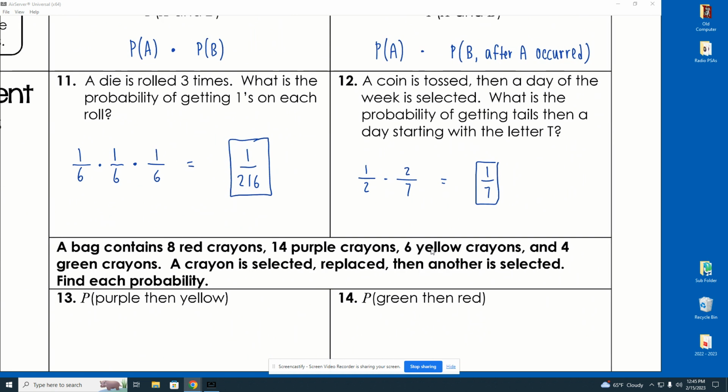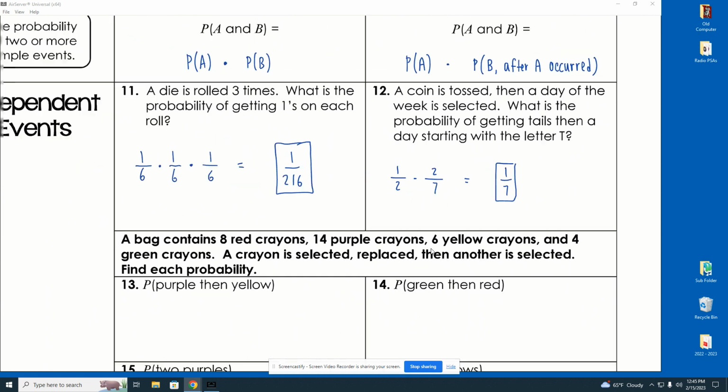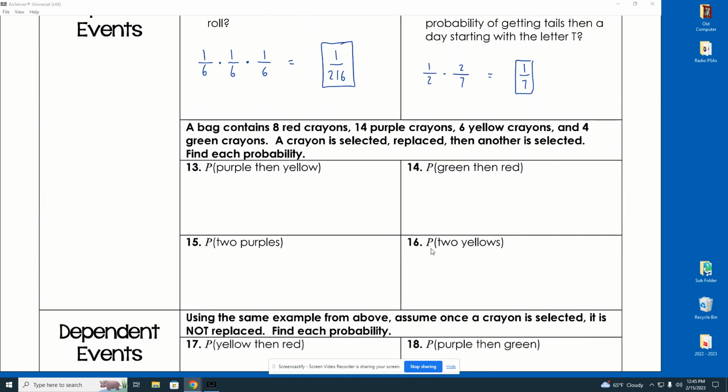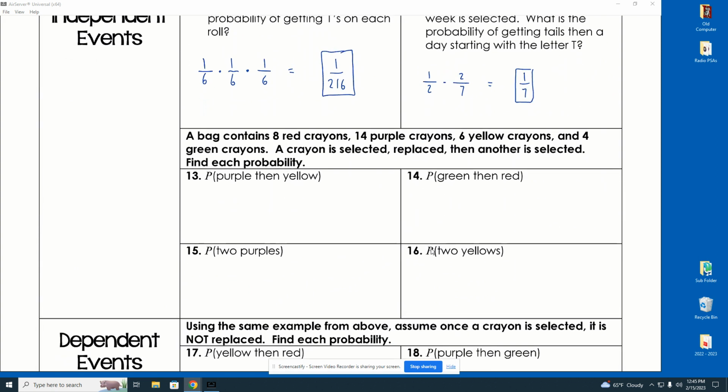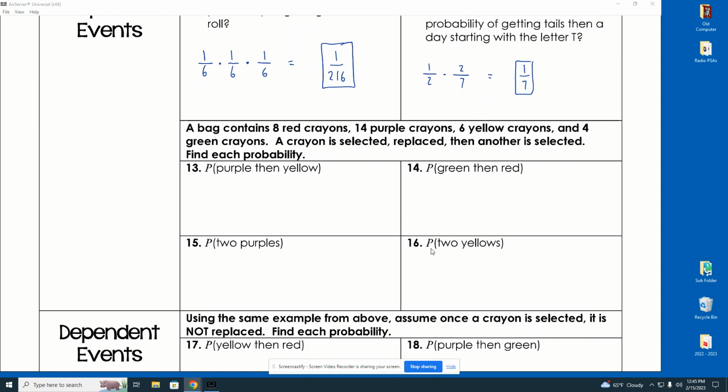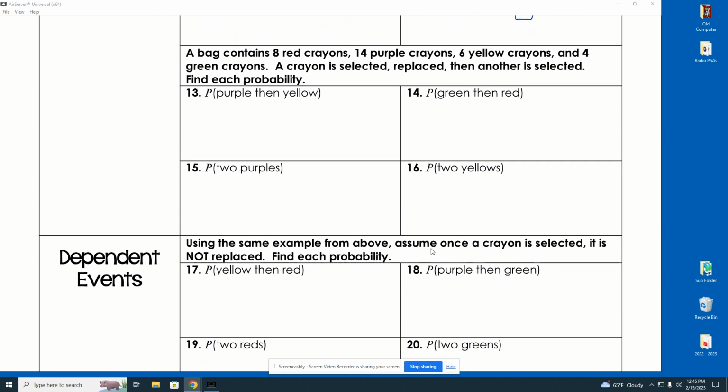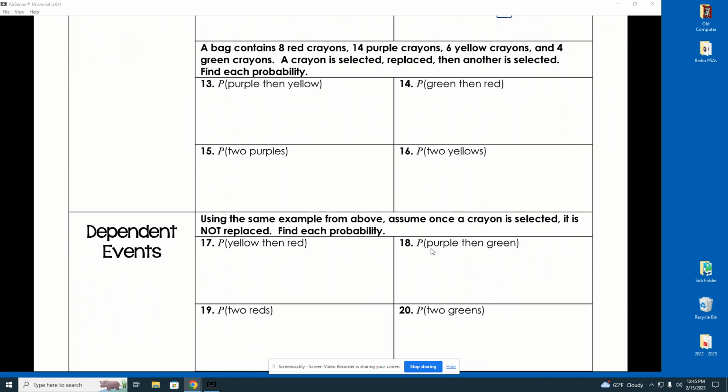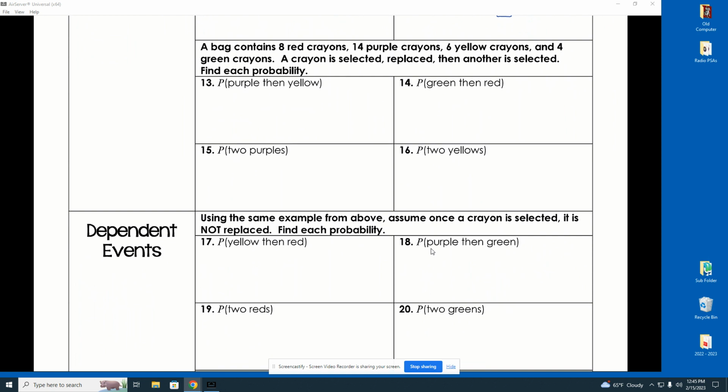All right, now here's where you're really going to see a difference. You notice that this question, a bag contains blah, blah, blah, is under the independent events, but then they want you to use the same example right below under dependent events. So I want you to see the key word here. In the first one, after they describe this bag of crayons, what does it say about a crayon being selected?